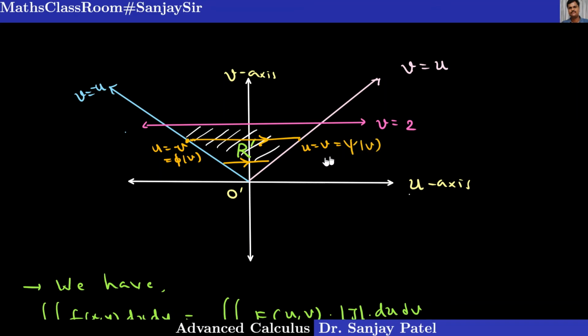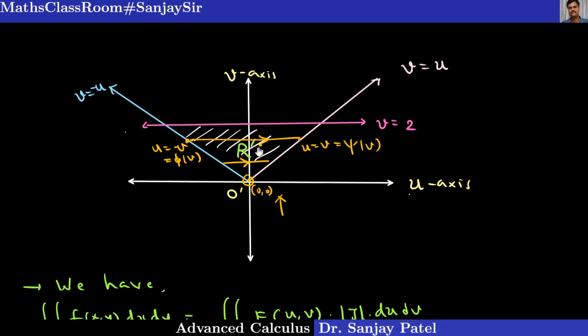So this kind of boundaries are there. And to determine the limits of v, which are constants, we have to go in this direction. When you enter this region, the first point we get here is the origin whose coordinates are 0, 0. So the minimum value when you enter the region is 0.